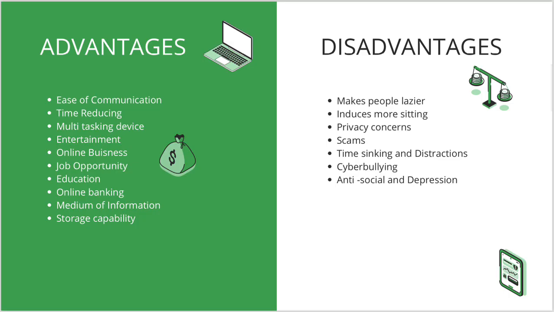Let's continue to the next slide, in which we talk about the advantages and disadvantages of computers. Now, the advantages of computers include ease of communication, and they reduce time. It's a multitasking device because you can do multiple things at once: listening to music, doing your work, and communicating with friends. You can find a lot of entertainment because of computers.